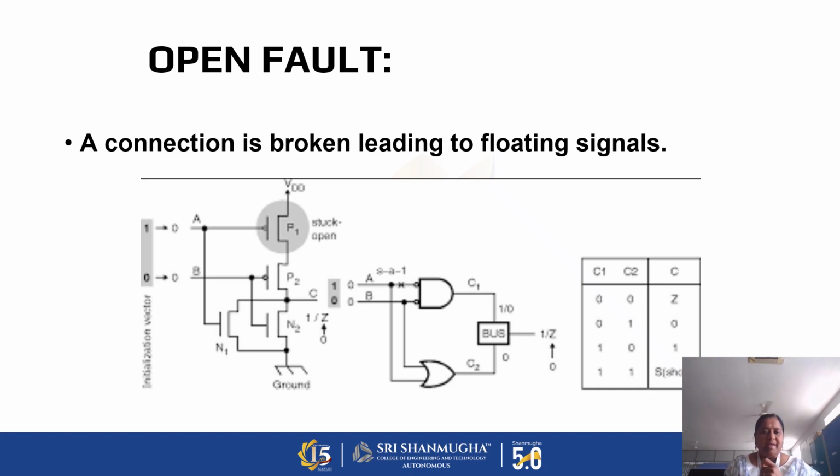Here, since this circuit is open, instead of the expected output we get an output which is not desired. So what would happen finally at the fabrication process? Due to this open fault, we get a defective output.